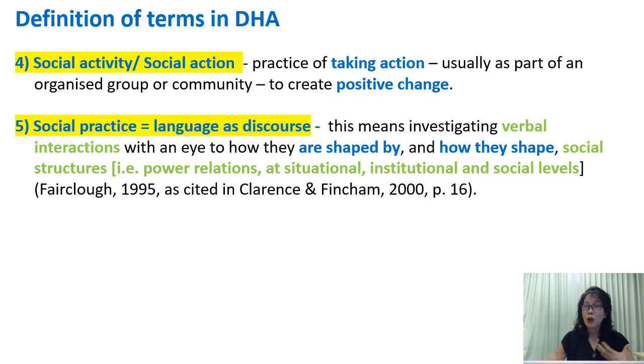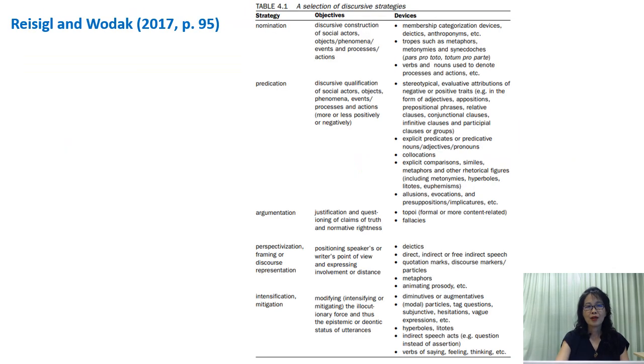Social practice, we look at language as discourse. That means we look at verbal interactions to see how they are influenced by social structures and how they in turn influence social structures. So my explanation is based on Reisigl and Wodak 2017, page 95.